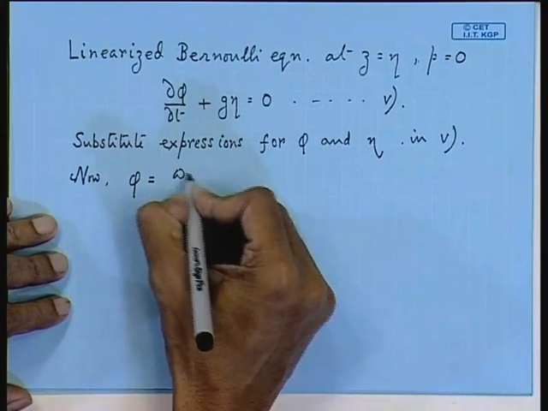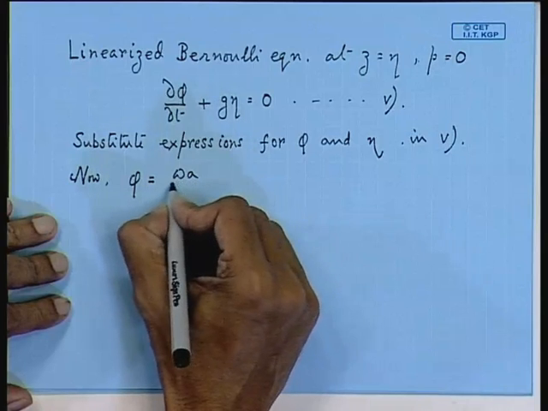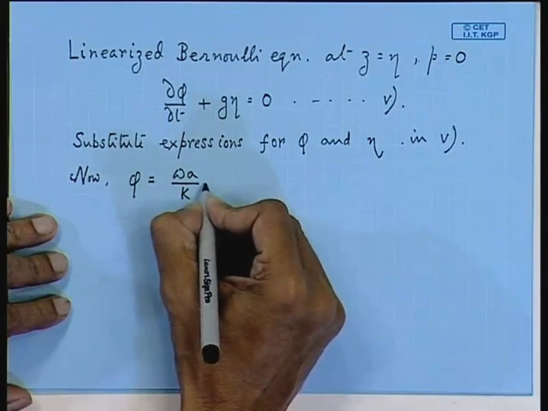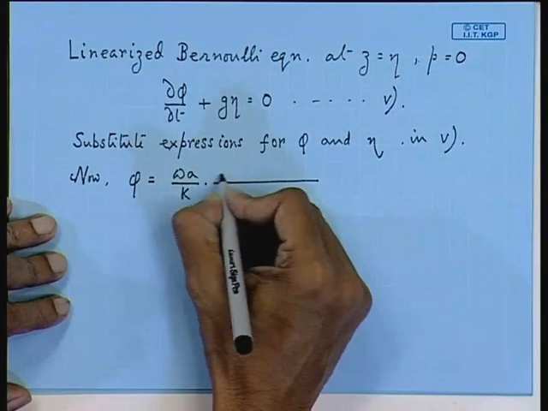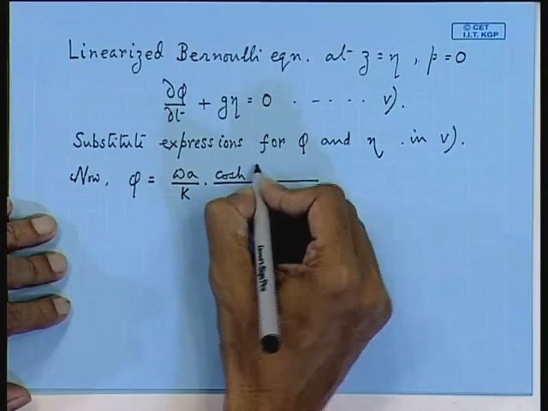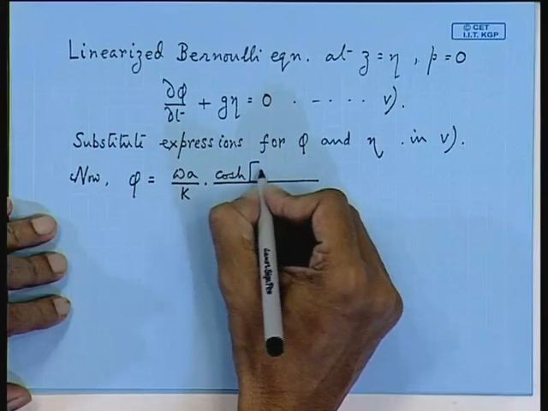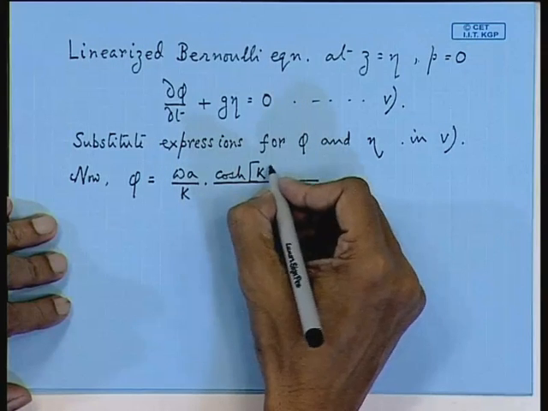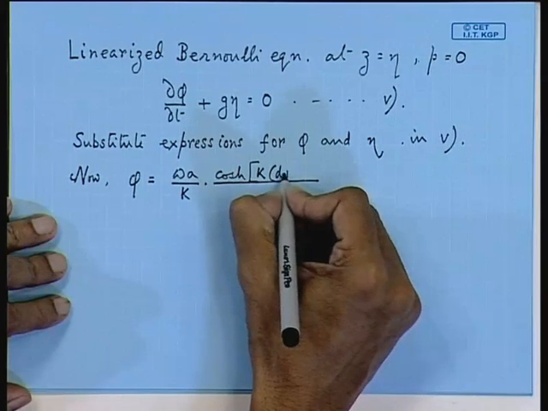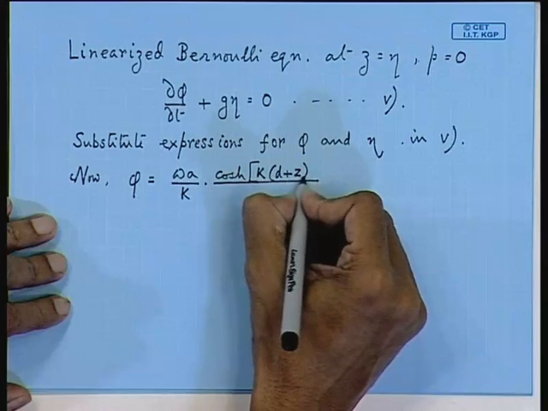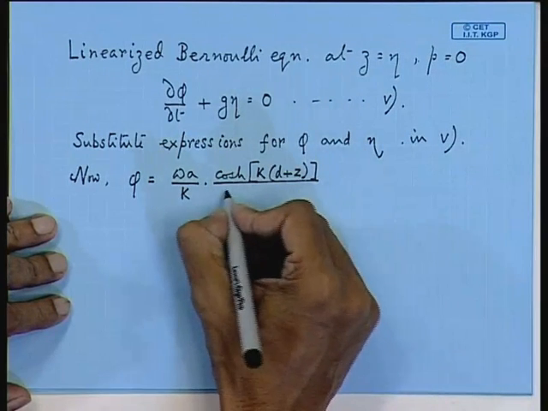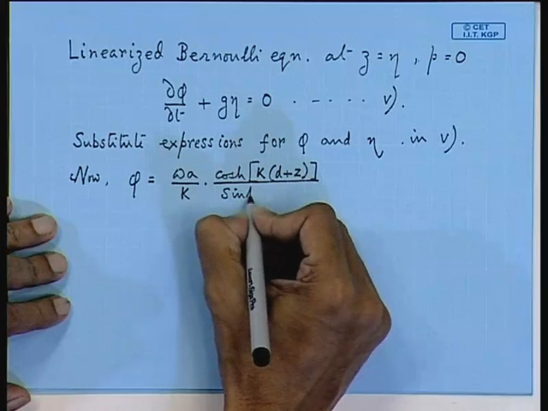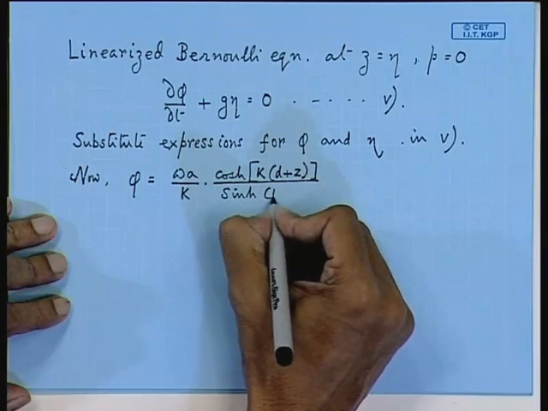This expression will be omega A over k multiplied by cosh of k times d plus z, divided by sinh k d.